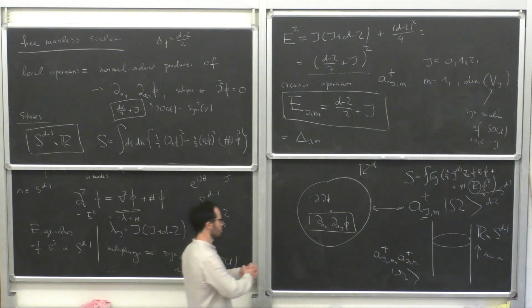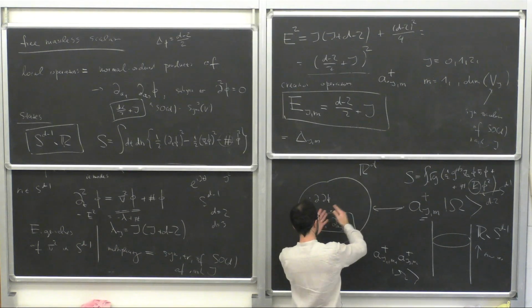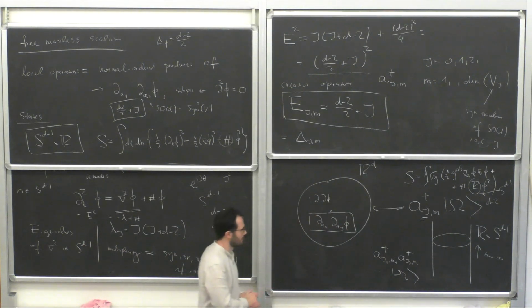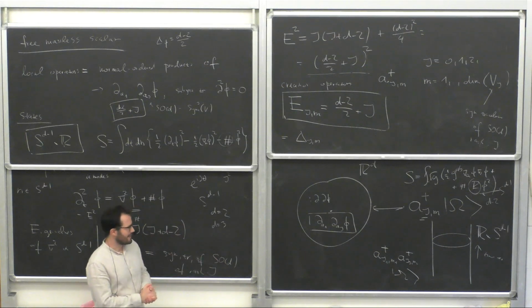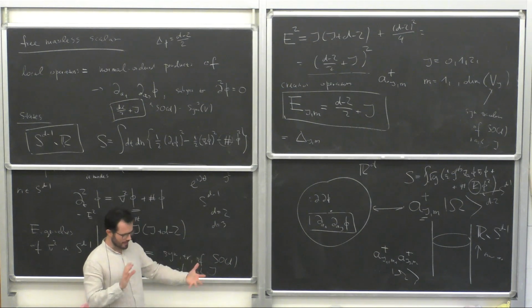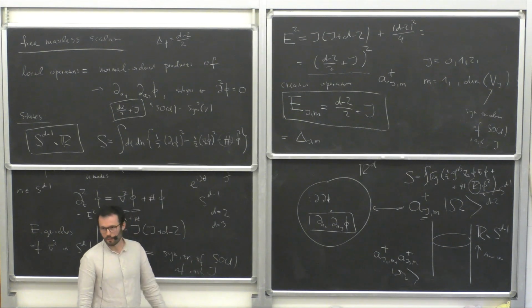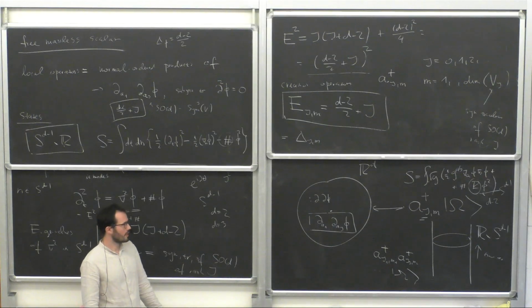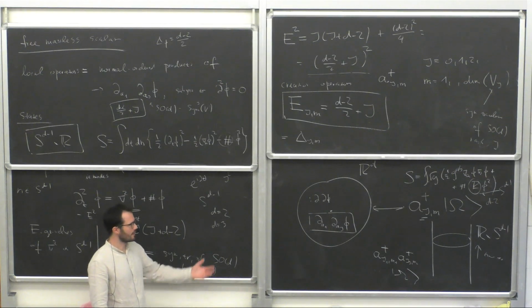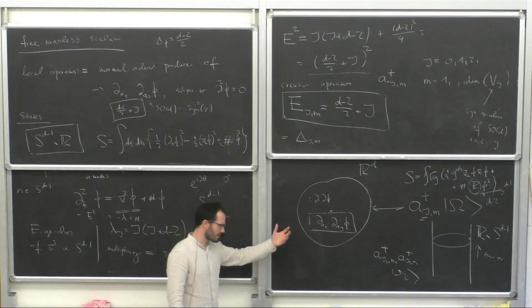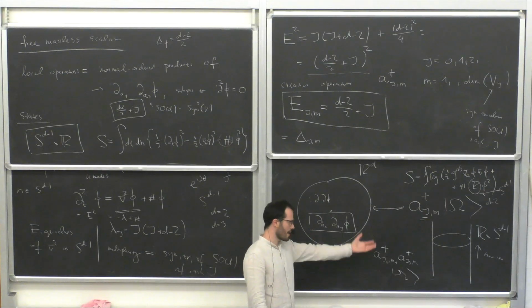Well, the intuition is to do the path integral over the interior of the ball, and as we discussed, that creates a state. I didn't explain in this detail how it works in this setting. I just showed you the match explicitly.